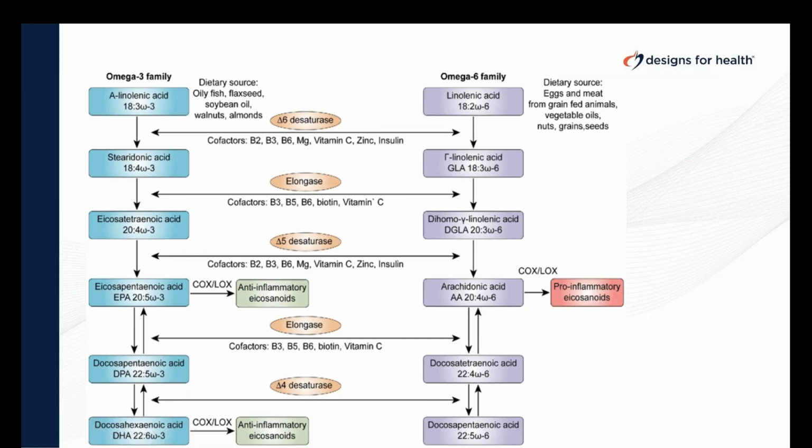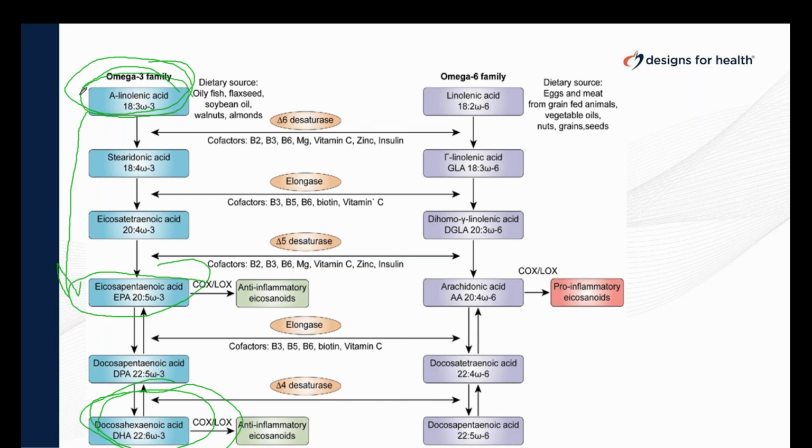So here, we just saw this person and we're thinking, I'm going to give EPA to everybody. Well, they don't need EPA. I'm going to give DHA because that's really good for your brain. Well, their DHA levels were fine. Their ALA was low. And remember, these pathways go down, not up.